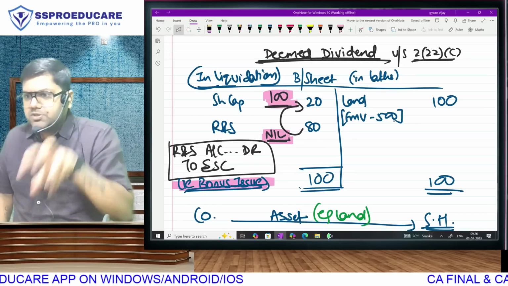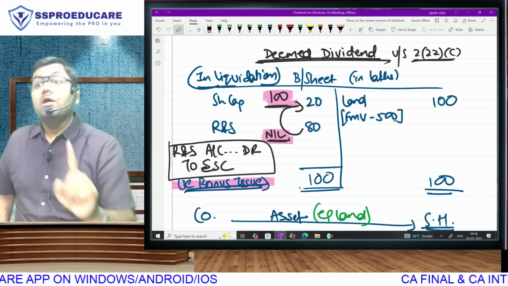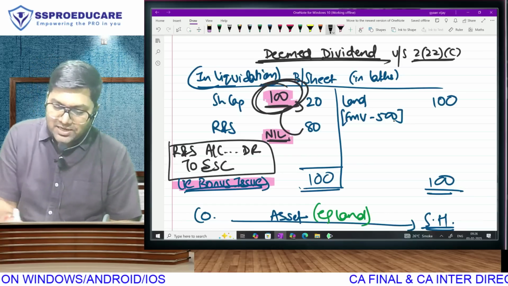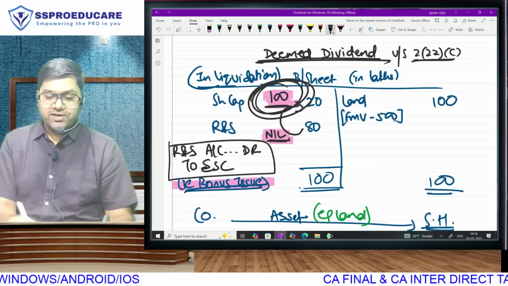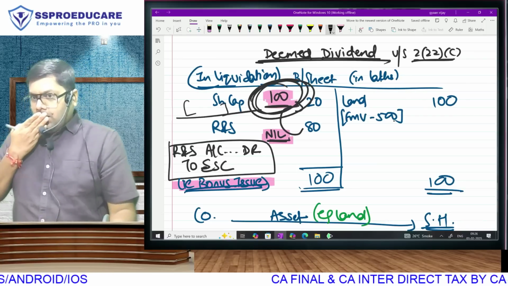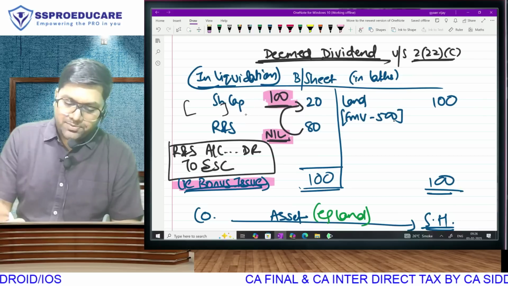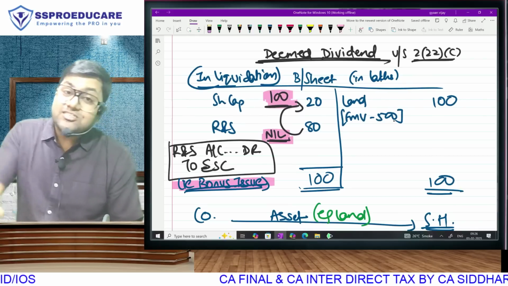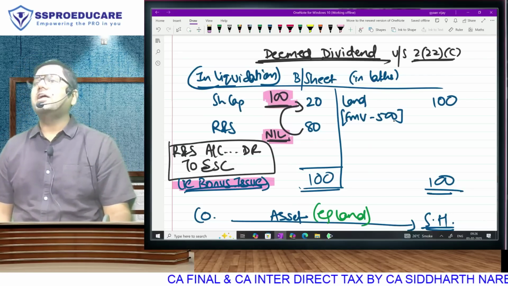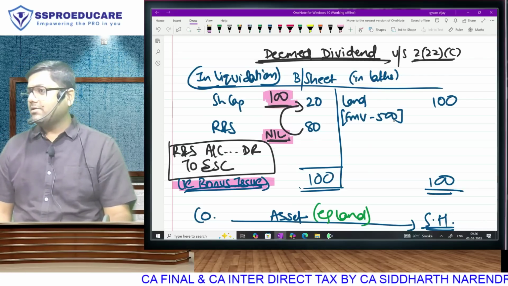But for the purpose of this calculation, we will still take the entry, which is why every time you make a balance sheet and this share capital has some free shares, we write in brackets that these many shares were issued as bonus shares. For the purpose of deemed dividend, that much will still be considered as free reserves, even if you have removed it purposely by passing the entry.